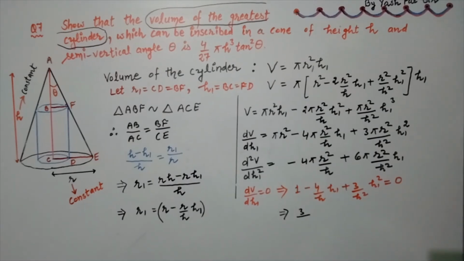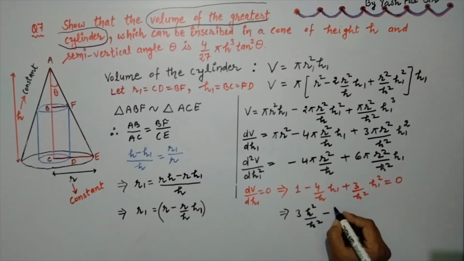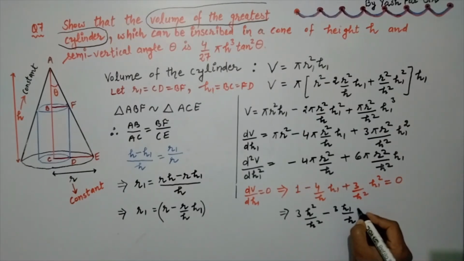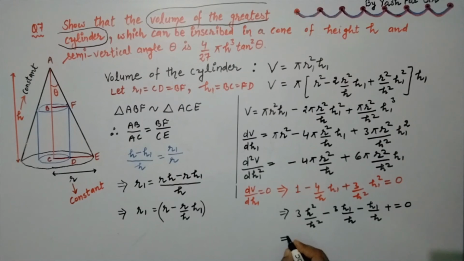This implies 3 into H1 square upon H square minus 3H1 upon H minus H1 upon H plus 1 equal to 0.